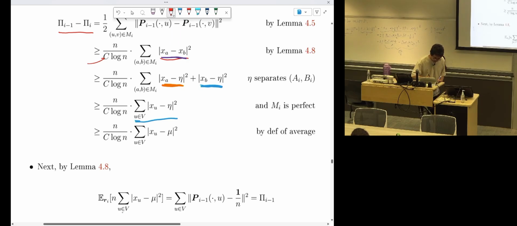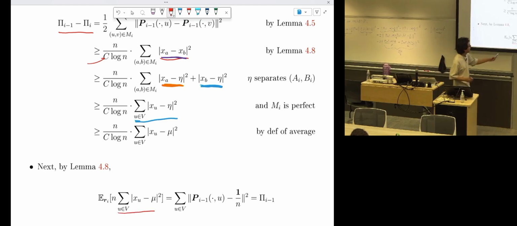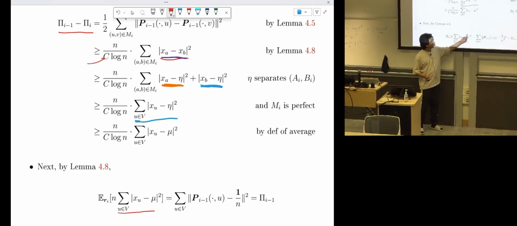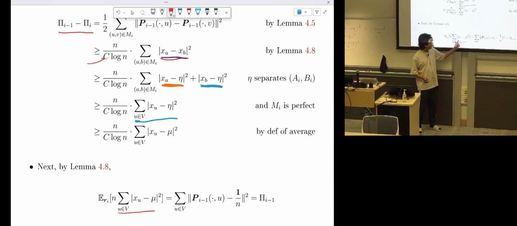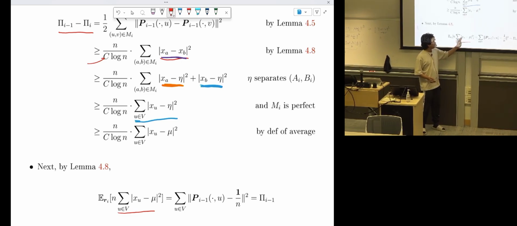This is the total distance squared to the average of all points.